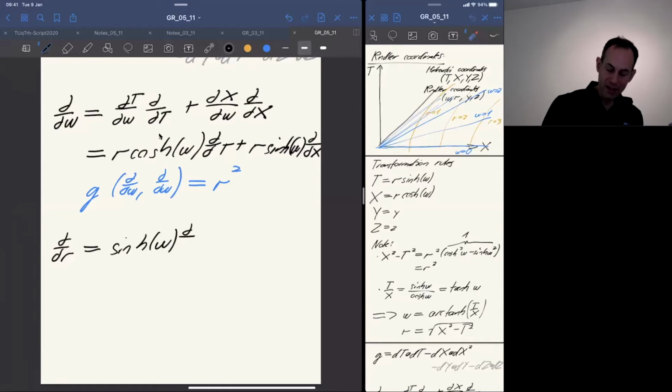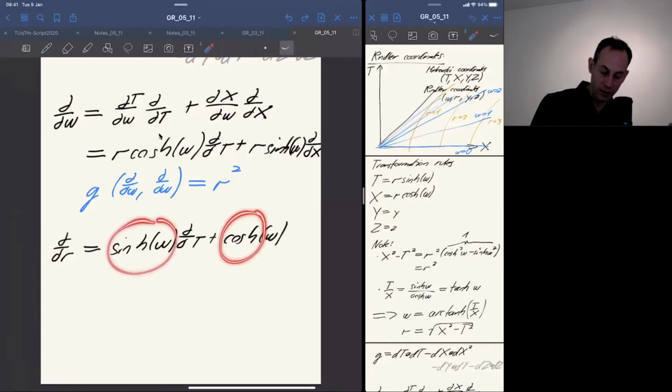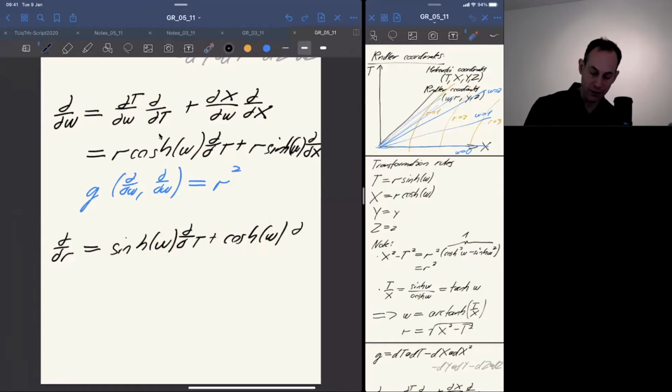But you can, of course, see immediately that if you take the derivatives with respect to r of these expressions, we just keep sinh and cosh. So we have this factor here and this factor here with the corresponding basis vectors ∂/∂t and ∂/∂x. And let me also calculate the length of that. So what we get here, in other words, is the length squared.